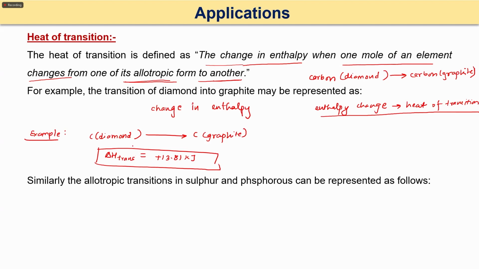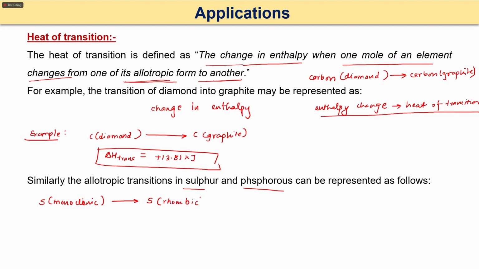This is where your element is changing from one form to another form. Similarly, the allotropic transition in sulfur and phosphorus is also a heat of transition. For sulfur, monoclinic is one of its forms, and it changes from sulfur monoclinic to sulfur rhombic.